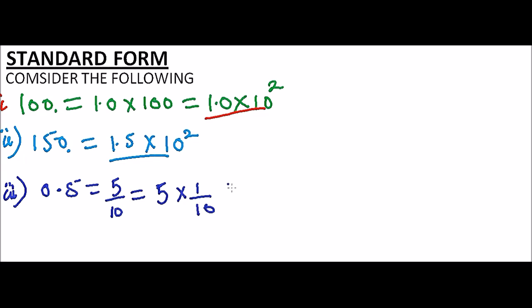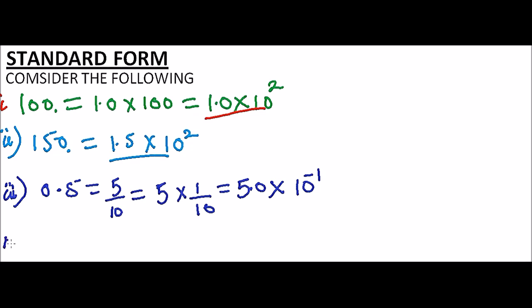Now 1 over 10 is the same as the inverse of 10. So we write 5 multiplied by 10 to power minus 1.